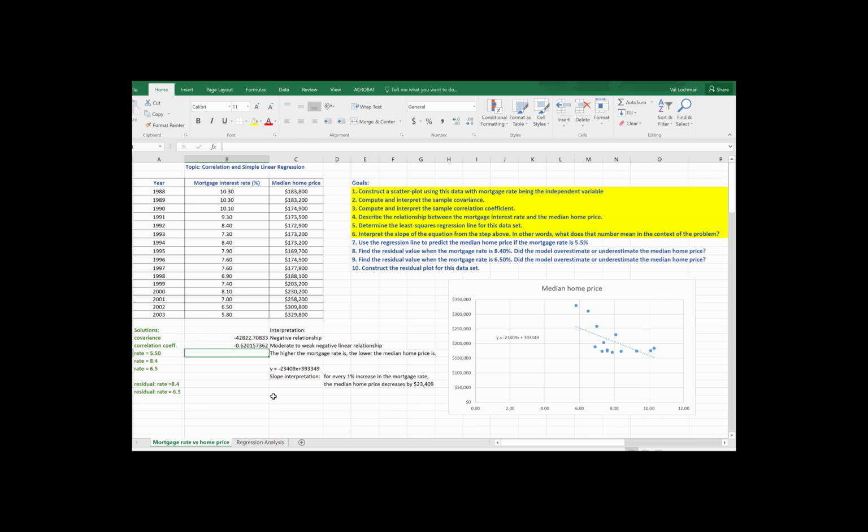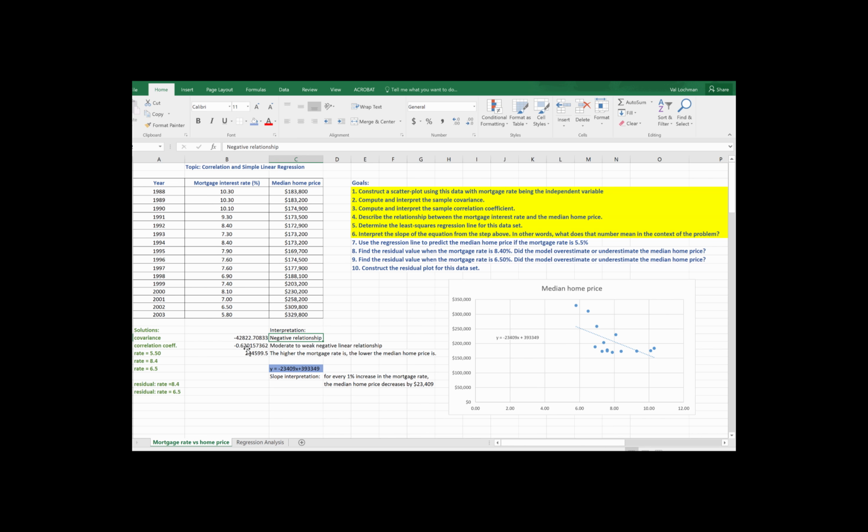Okay, so I'm going to put it right here. So how would I do this? This is equal to -23,409 times 5.5, right? And plus 39,349. Okay, I'm just plugging in 5.5 into this equation right here. So let me highlight this in a different color.